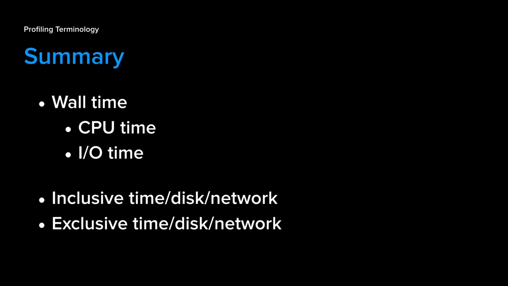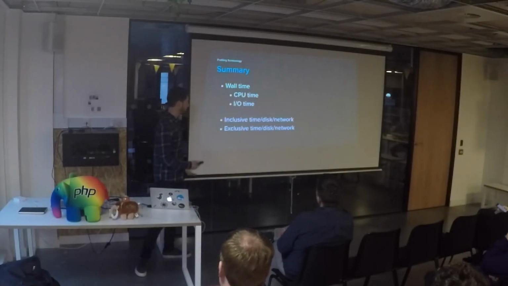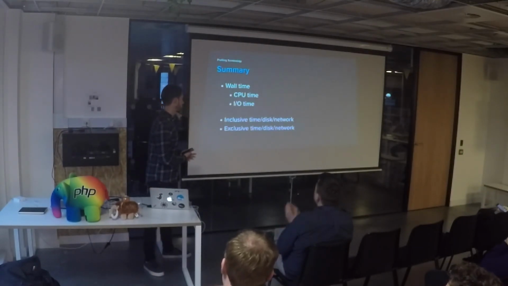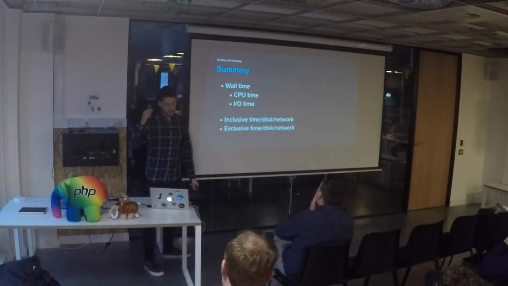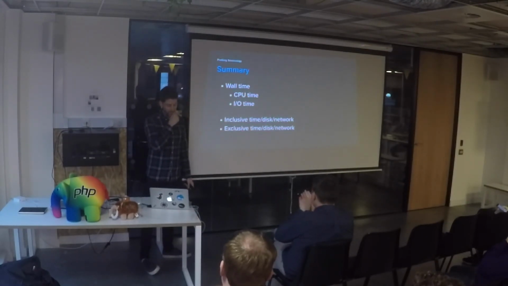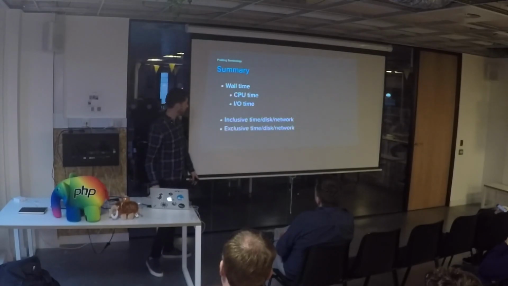So wall time is made up of CPU time and I/O time. And yeah, our inclusive is time taken for all lines of code to be executed in that function, and exclusive is the time spent in the function itself.